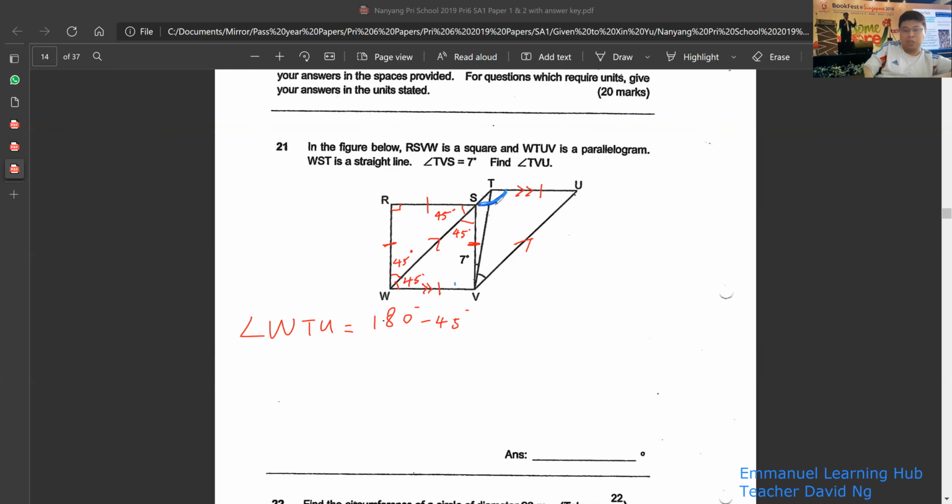How come you cannot see the relationship between these two angles? Despite telling you it's a parallelogram and these two lines are parallel, how come you cannot see that?